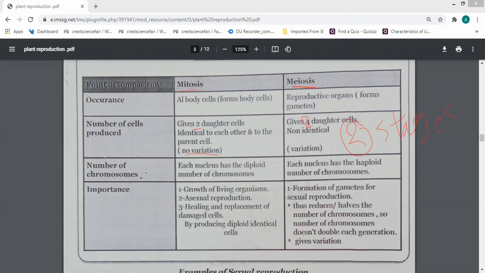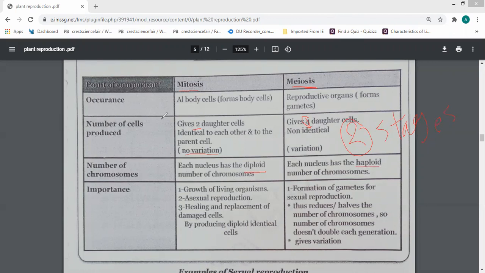Next point, number of chromosomes. The number of chromosomes in mitosis is the total number, or diploid. But the number of chromosomes in case of meiosis is half the number, or haploid.